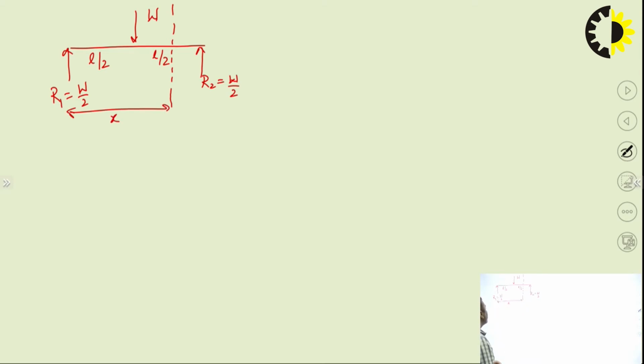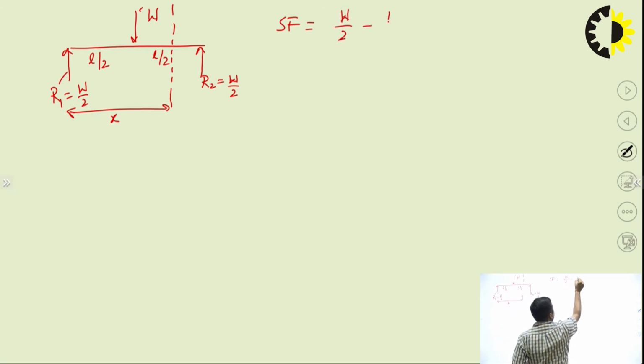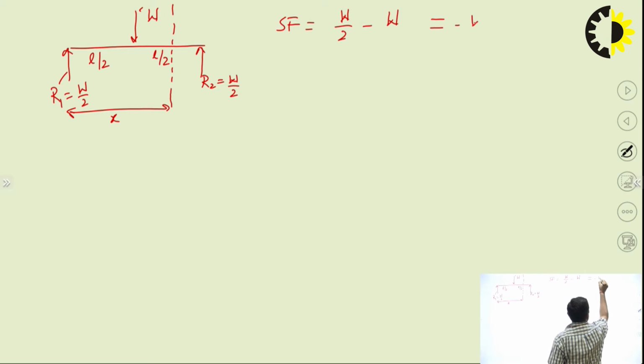According to the definition of shear force, it is the algebraic sum of all the forces acting on either side. So on the left side, I am observing there are two forces. W by 2 will be treated as positive because on the left side it is upward, and W will be treated as negative. So W by 2 minus W, and the equation is coming minus W by 2.